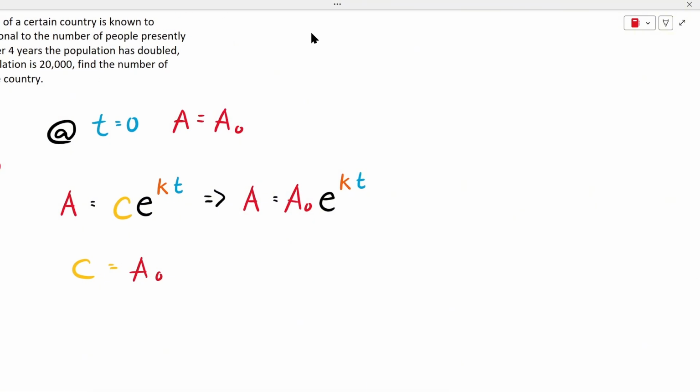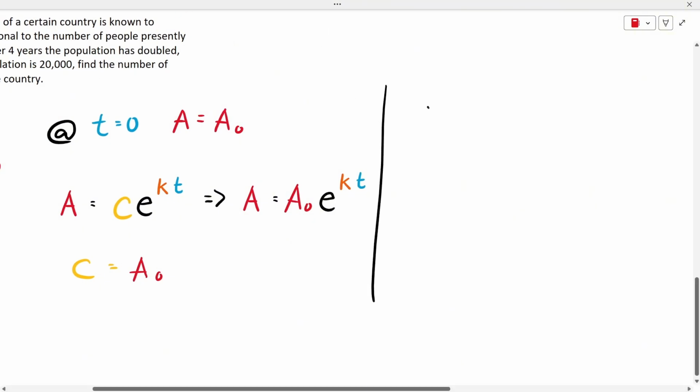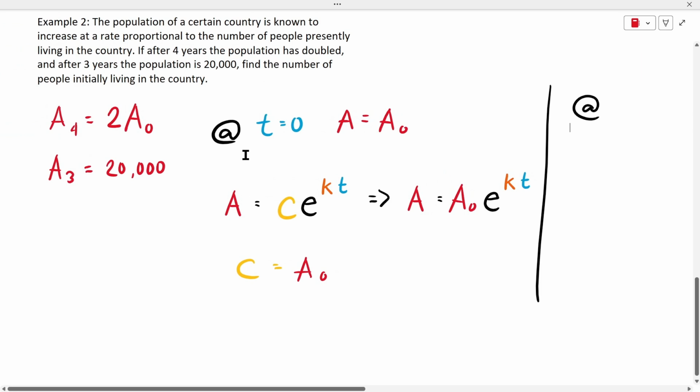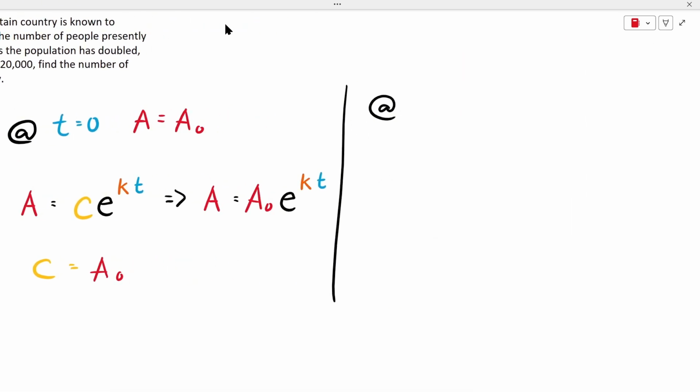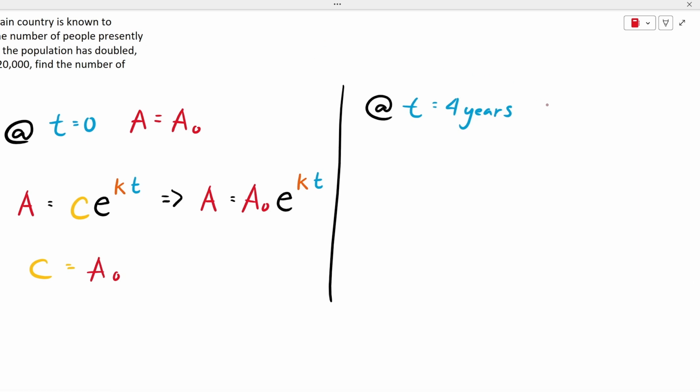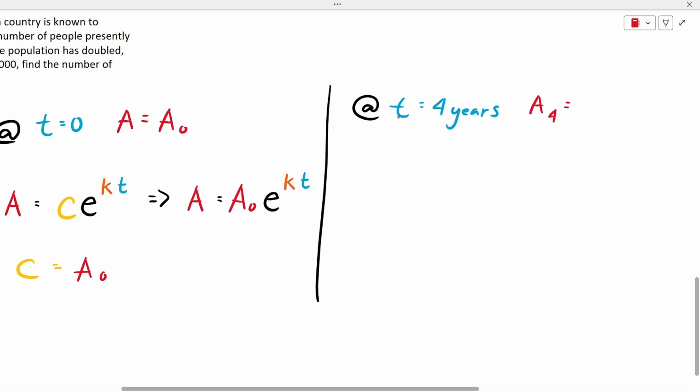Now, it said that at year 4, our population is doubled, so the initial population is doubled.